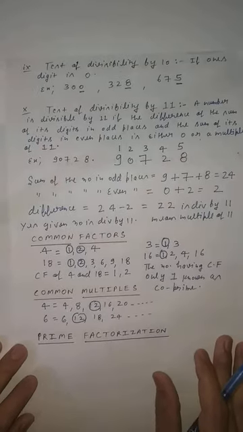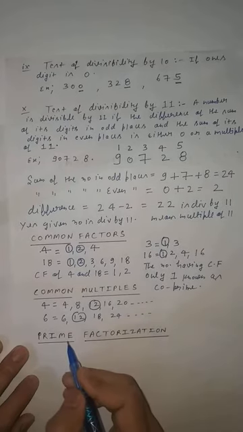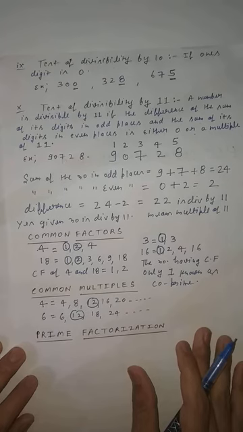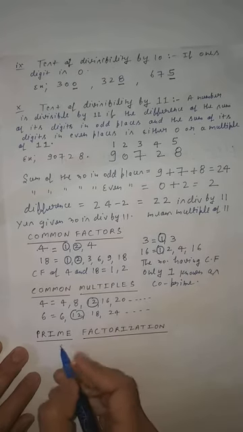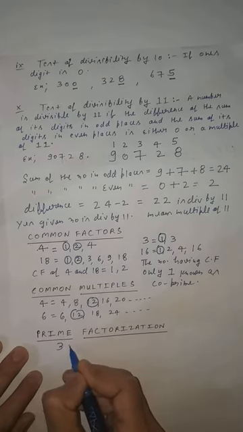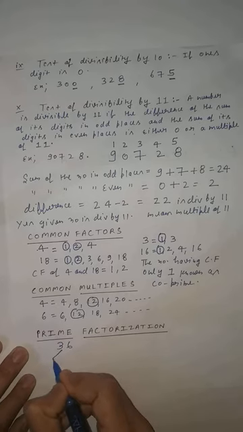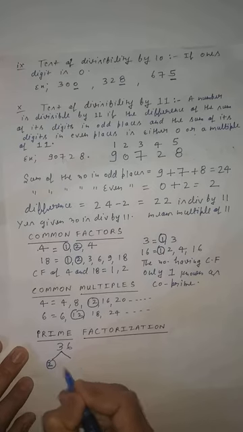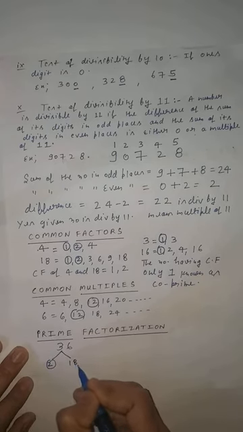Now prime factorization. What is the meaning of prime factorization? You know what a prime is: a number which is divisible by only 1 and the number itself. Say you have to find the prime factorization of 36. You can write down first 2 and here 18.